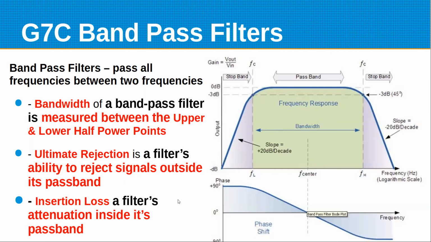Now there's also insertion loss. If these are passive filters, then you don't get out what you put into it. There'd be some loss. And that's what we call insertion loss. Even though here they're showing it at 0 dB, that's not really relative to the input signal.